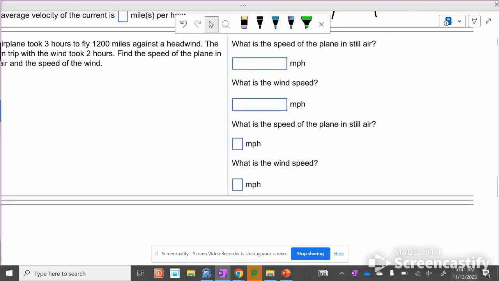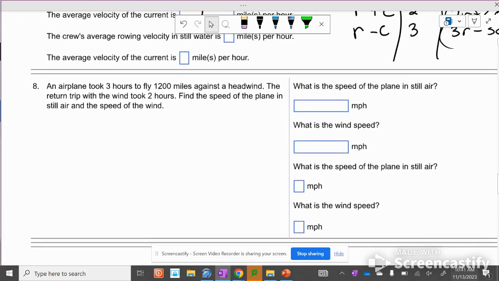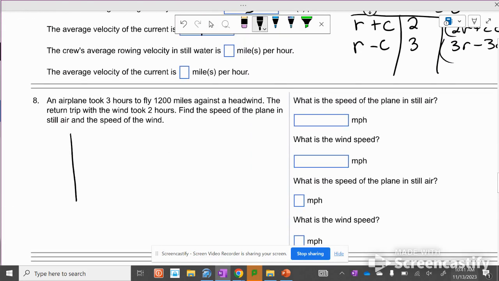Okay. You do the same for the plane. Rate times time equals distance. They're flying against a headwind, so the speed of the plane minus the wind for 3 hours, they go 1,200 miles.